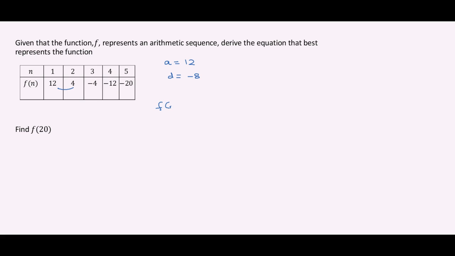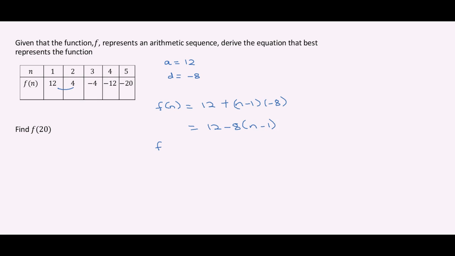Then go ahead and check that it's consistent throughout. And so f of n is equal to a, which is 12, plus n minus 1 multiplied by negative 8. So this is going to be 12 minus 8 times n minus 1.